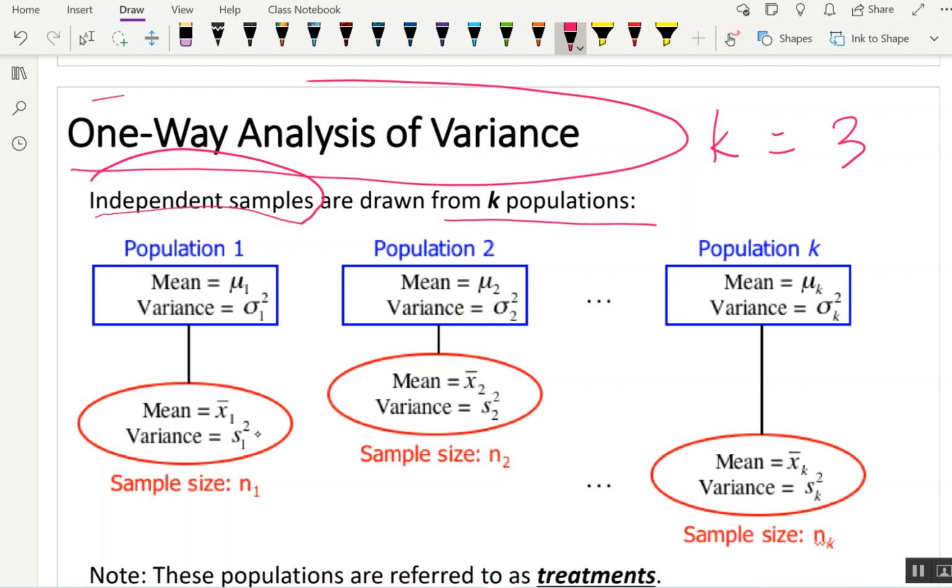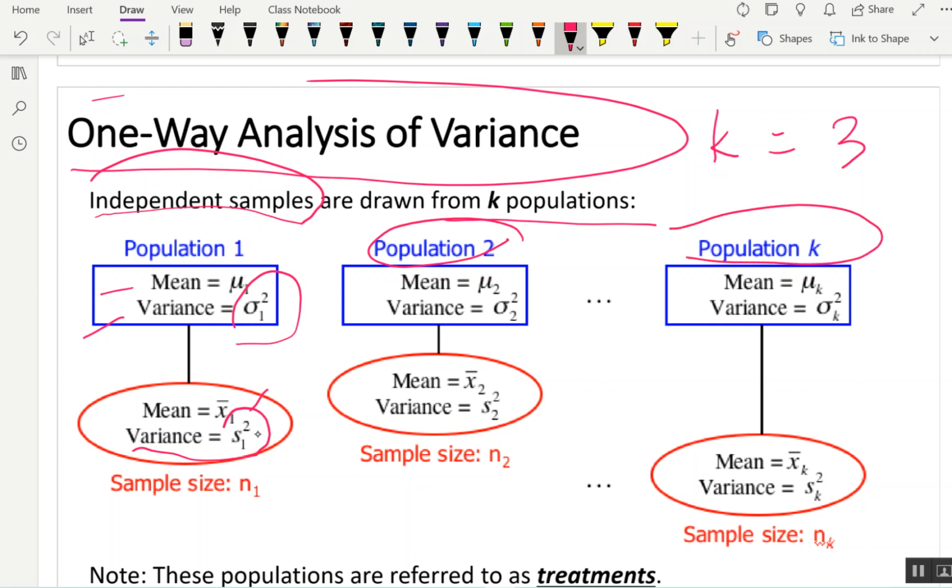For each of these populations, as we know, each will contain its own mean and its own variance. So the mean of the population is denoted as mu, and the variance as sigma squared. The 1 is for population 1, and the mean for the sample is x bar, and s1 squared. Same goes for population 2, up to population k.